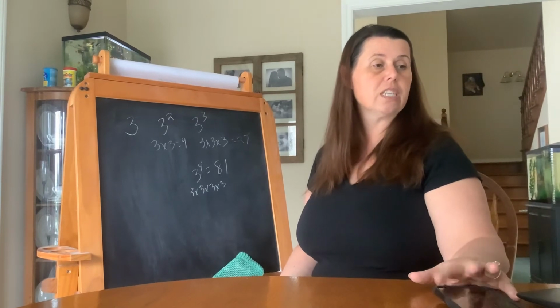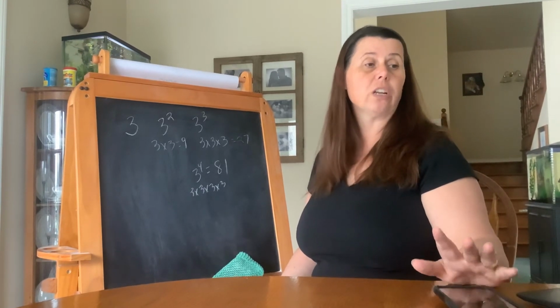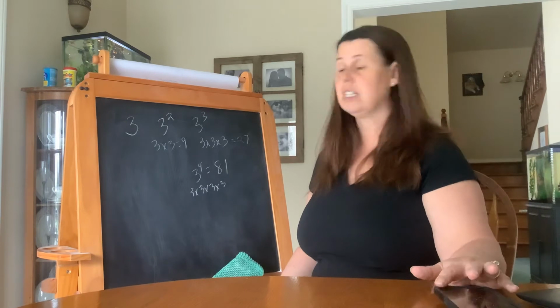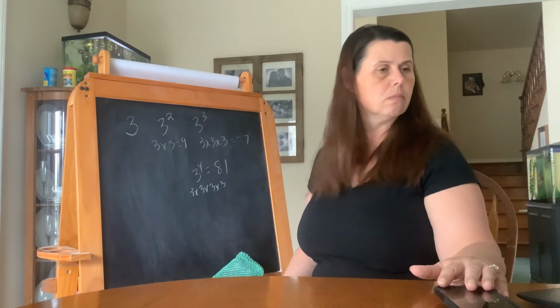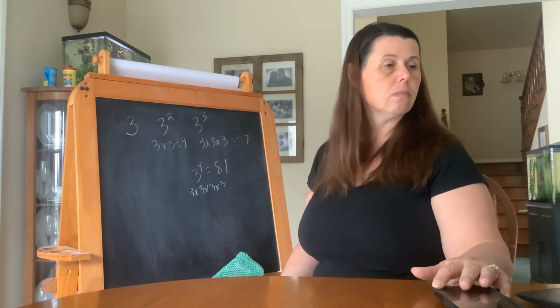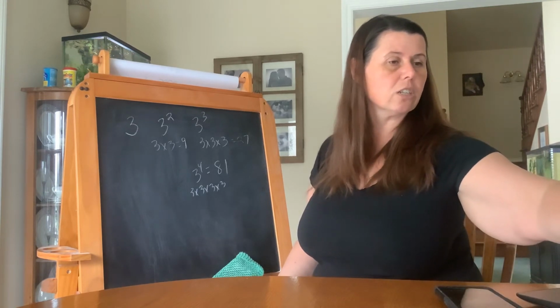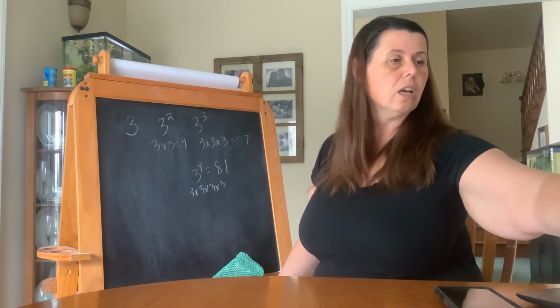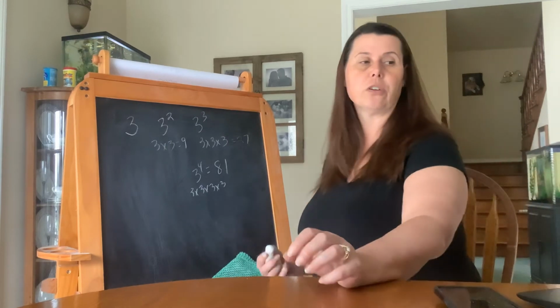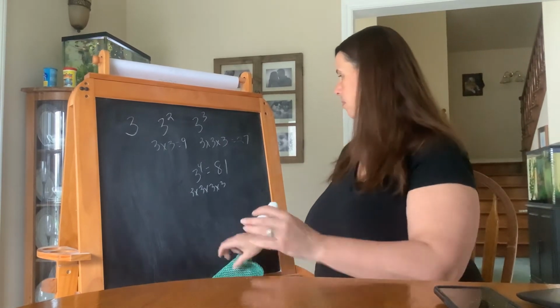Are the decimal equivalents for a third, a ninth, and a 27th repeating decimals? Okay, I don't know why they asked us to do the powers if we weren't going to actually use them, but okay.